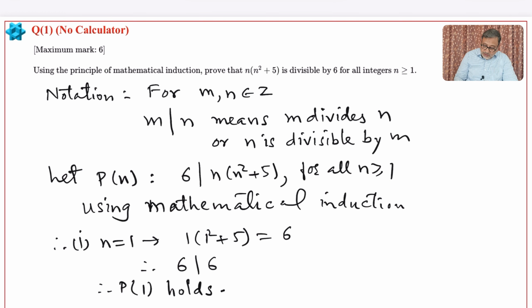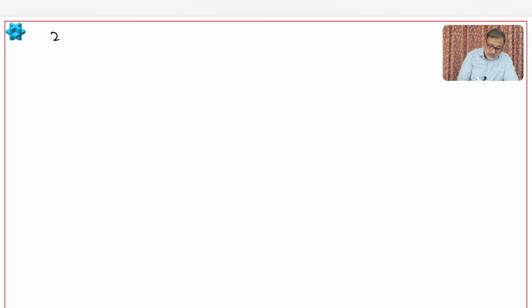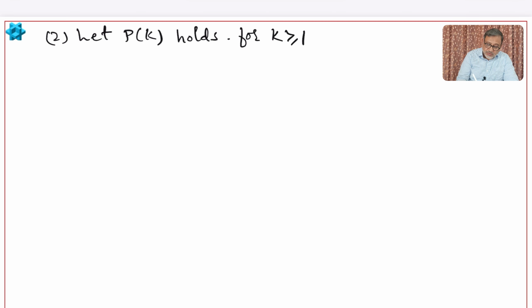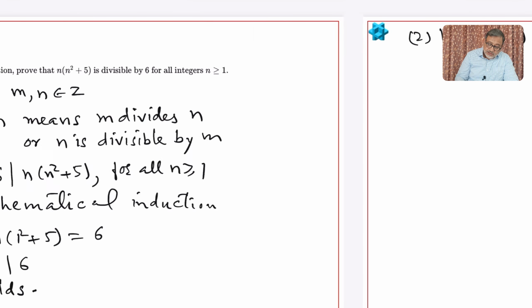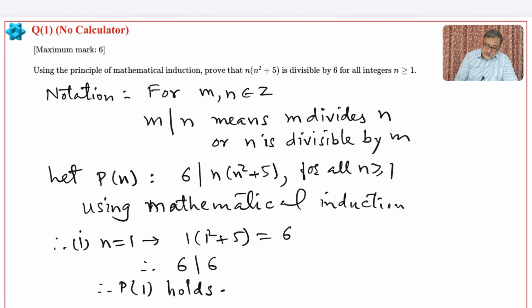Now step 2: let P(k) hold for k greater than or equal to 1. Therefore, instead of n, we will use k.